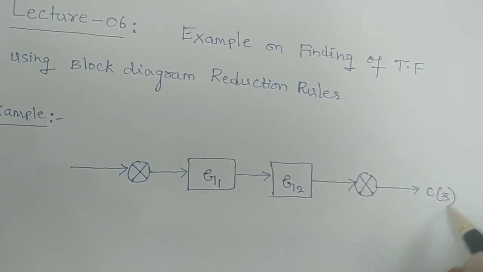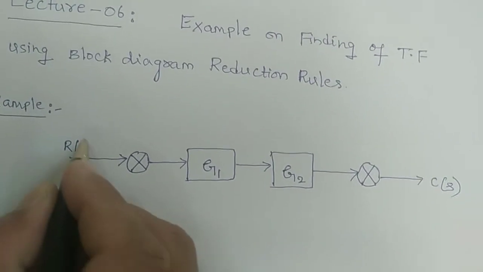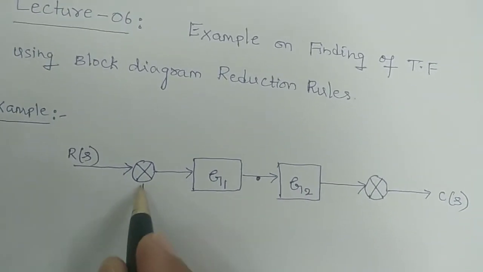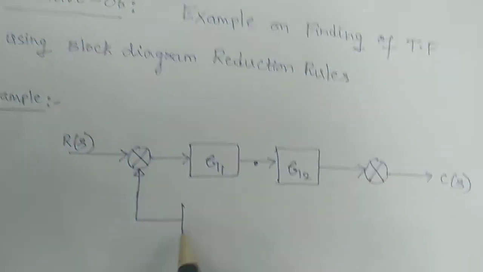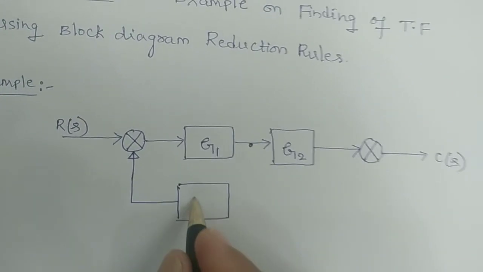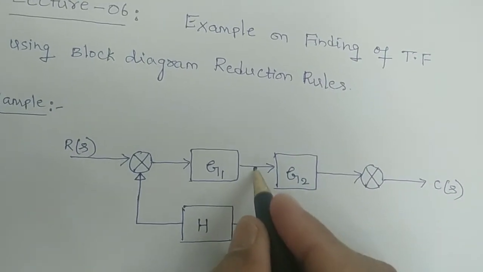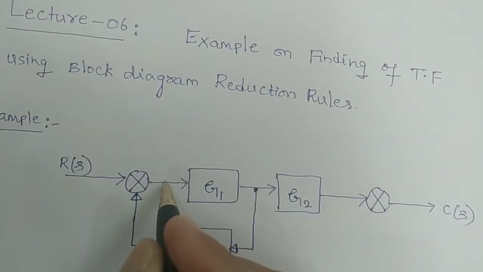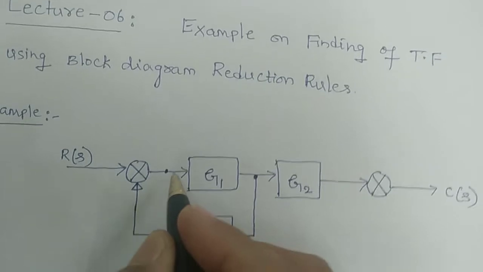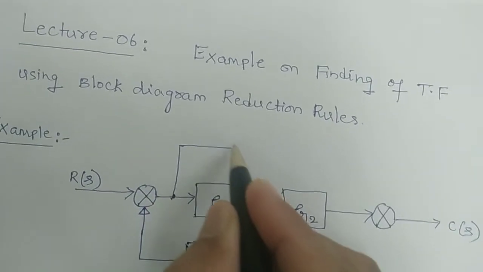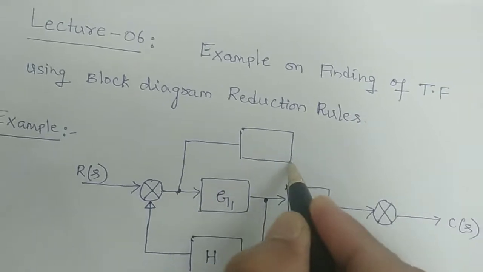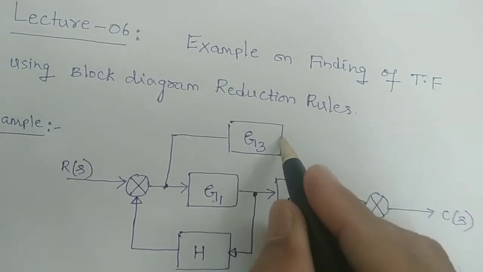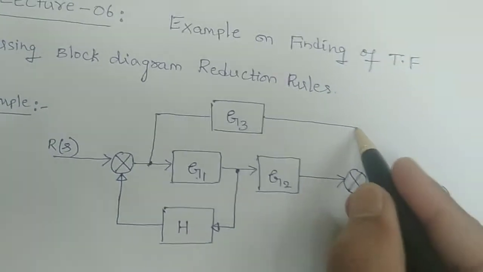This is your C of S, and this is your R of S, and here you have one feedback element as H. And from before this block you have one more gain, G3, which you are giving to this summer point.